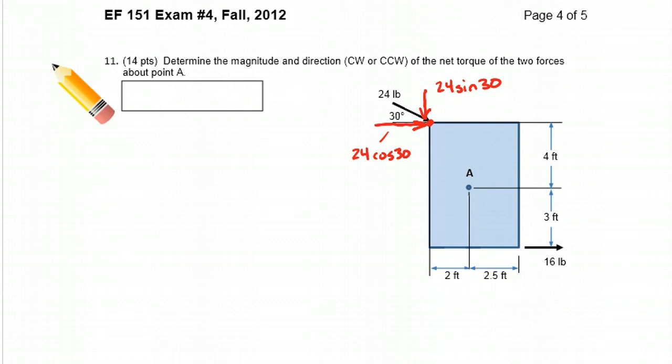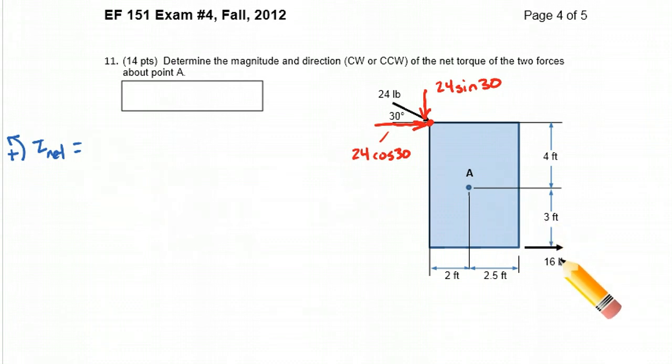So let's write it out like this. The net torque is going to be equal to, we're going to use counterclockwise as positive. So for each one of these forces or force components, we're going to look at the force, the perpendicular distance, and whether it's positive or negative.